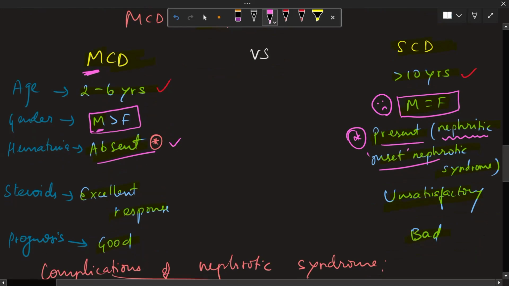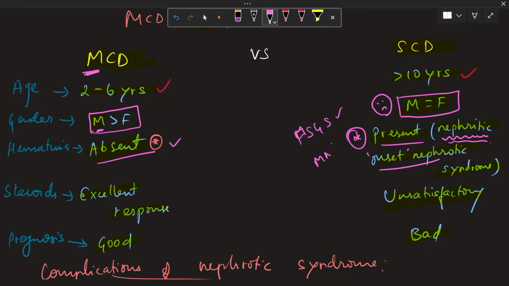So in FSGS and MN, which are the entities coming under SCD, there will be mild hematuria also. So FSGS and MN are called nephritic onset nephrotic syndrome. So when the examiner asks you what are the diseases coming under nephritic onset nephrotic syndrome, you should answer FSGS, that is focal segmental glomerulosclerosis, and membranous nephropathy, MN.